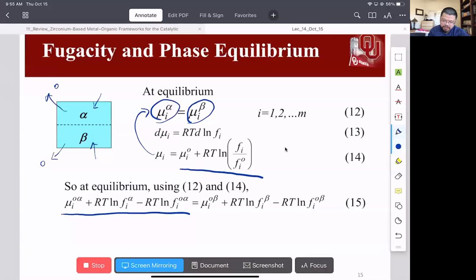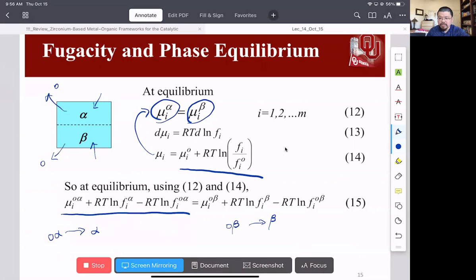Nothing special, it's just the integration from the alpha phase standard state to the current condition of alpha. This is the same for the beta phase standard state to the current beta phase. So now we have this equation 15, all right?